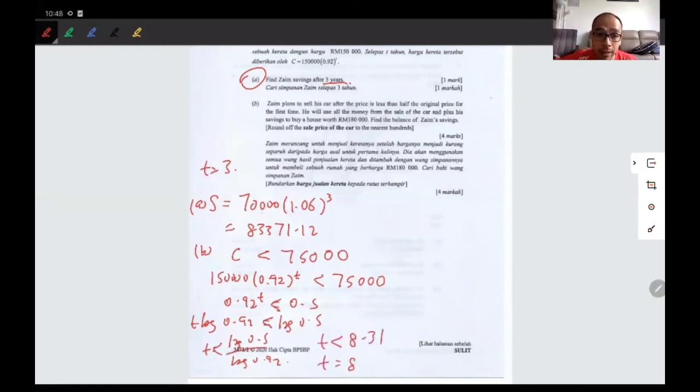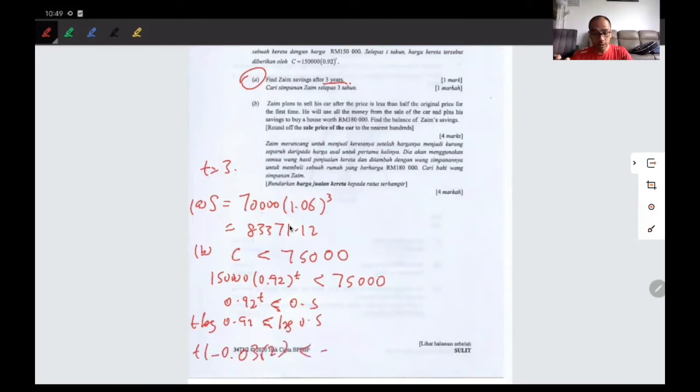So at the 8th year, sorry, my mistake. This is where the danger is. Let me show you the danger. Even I fell for it. So log 0.92 is actually negative 0.0362, and log 0.5 is negative 0.3010.